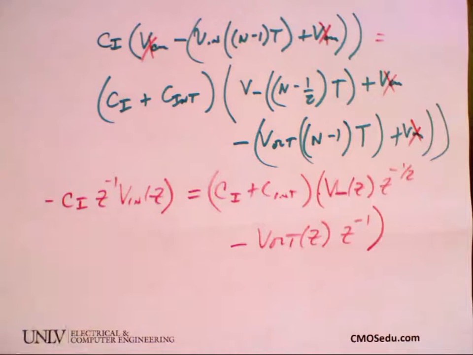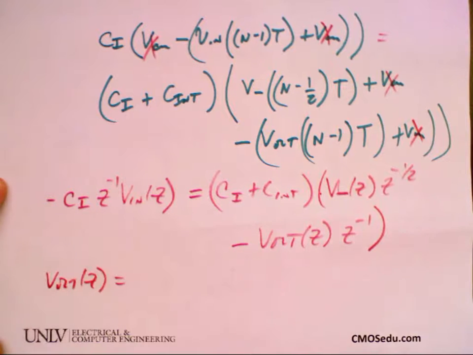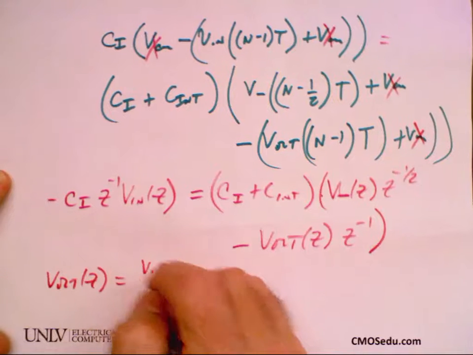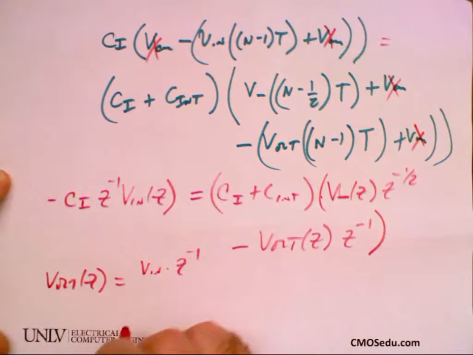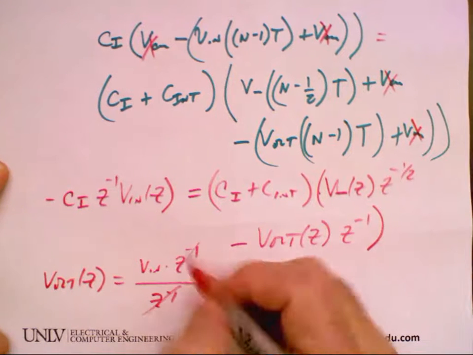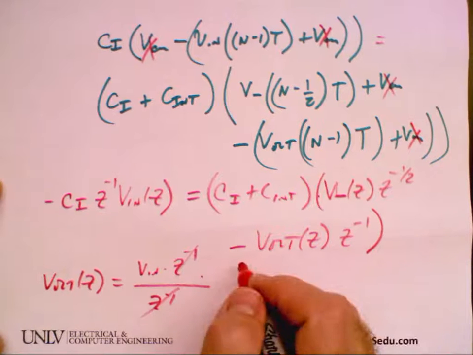And so if I write then v out of z, that's equal to v in of z times z to the minus 1 divided by z to the minus 1, so those cancel, times, oops, I got the capacitors in here.